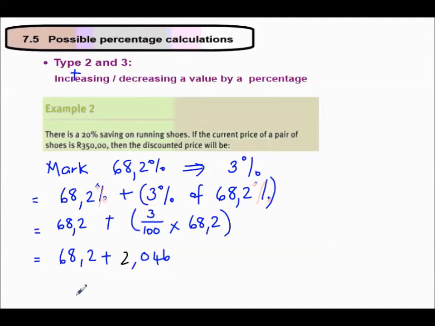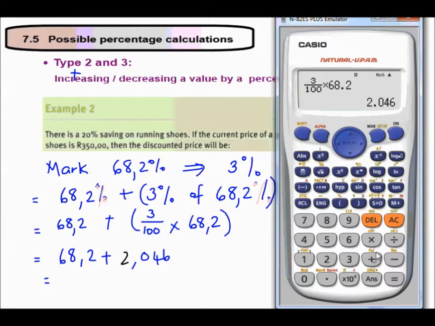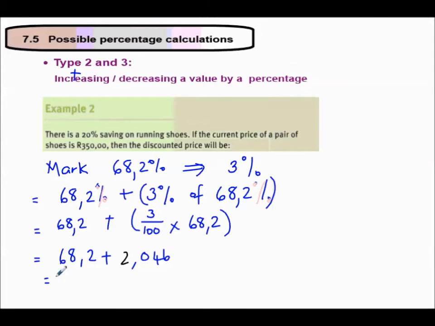If I add those together, I'm going to add 68.2 and my answer will be 70,246. So I'm going to round it off. I'm looking at getting a 70.